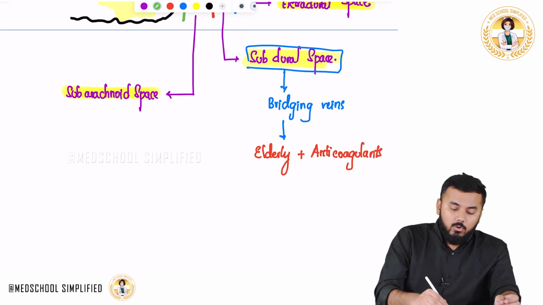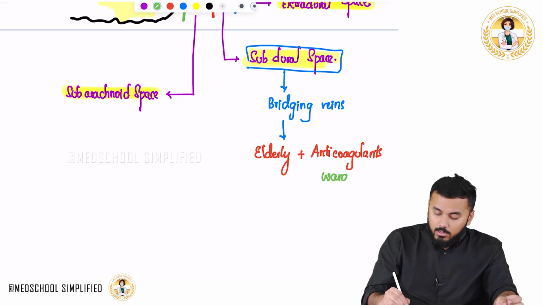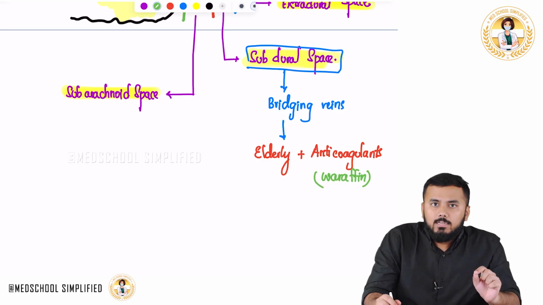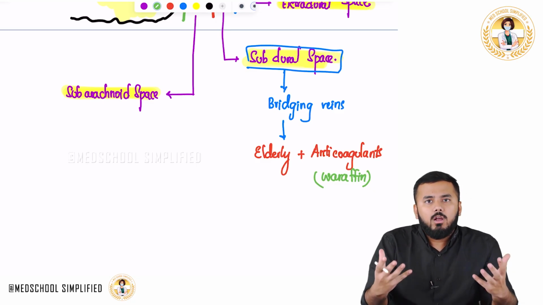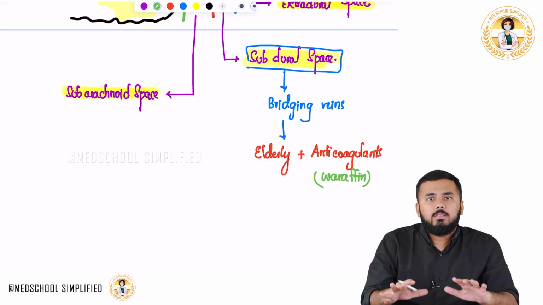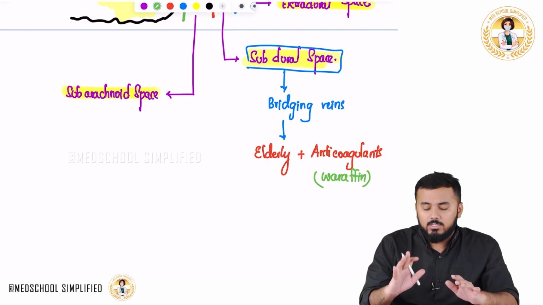What do you mean by anticoagulants? An anticoagulant is a drug which will not let coagulation happen. It means there are no blood clots forming in the body. That is taken care of by warfarin.